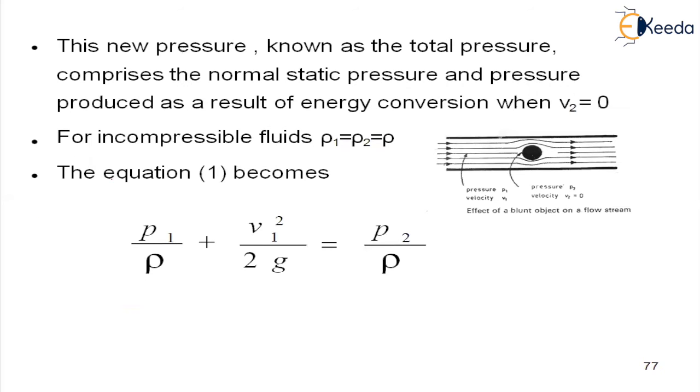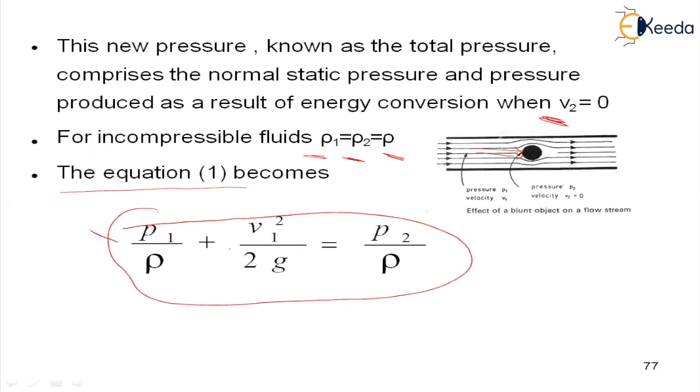As I told you, whenever the flow impacts this blunt object, V2 becomes 0 and the kinetic energy converts into potential energy. For incompressible fluids, both have the same rho. Then the previous equation is modified in this manner, and this is pretty important, my dear students.